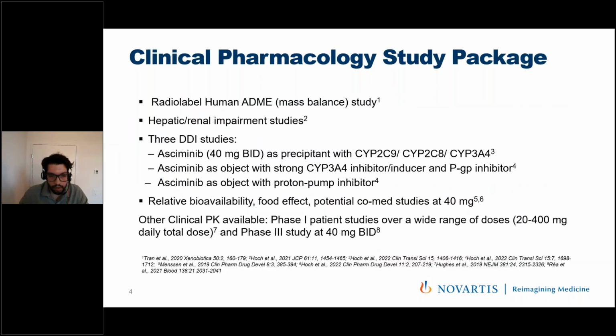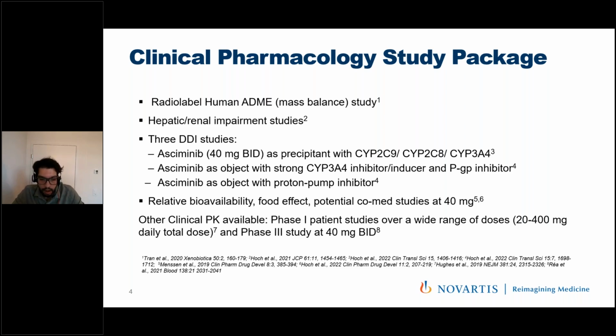If we go to the clinical pharmacology study package for the drug, this slide showcases the studies that we had available at the time of the NDA submission. This included a human ADME study with radio-labeled material, hepatic and renal impairment studies at 40 milligram, and 3 drug-drug interaction studies.